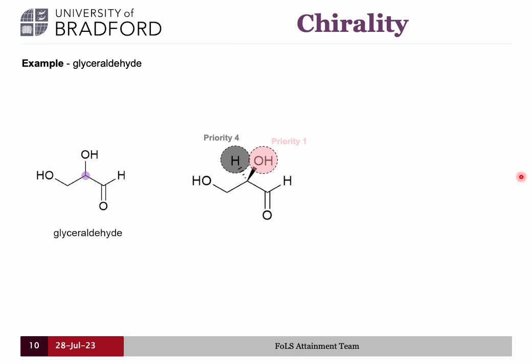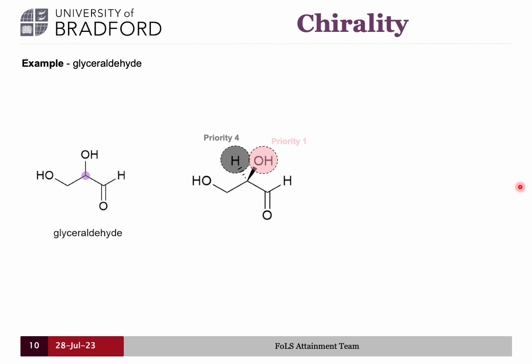As we said on the previous slide with the steps and rules, when we have a double bond, we consider that the carbon atom is attached to an oxygen twice. So this substituent here will gain priority over the other one, where the carbon is attached to an oxygen with a single bond.